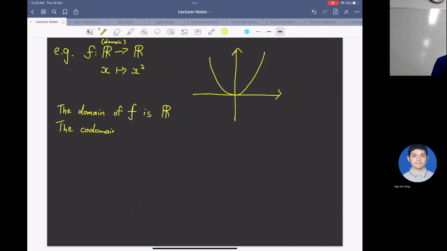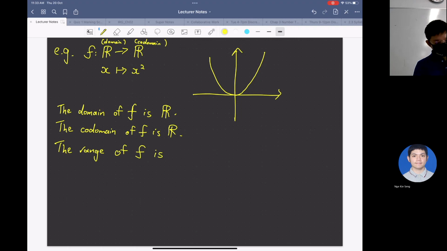The codomain of F is also R. So what's the range of F? From the picture, you can see that it is actually the numbers that are greater than or equal to 0.